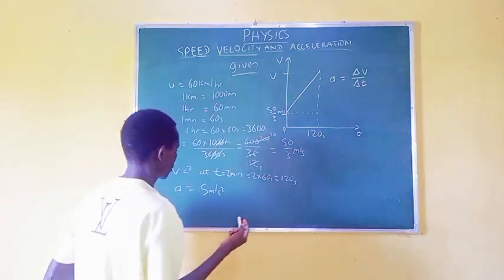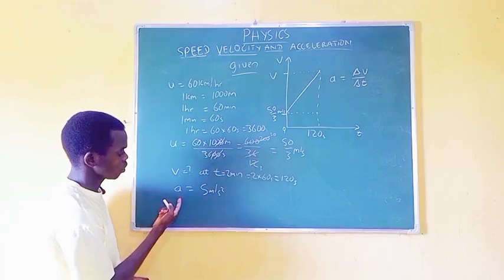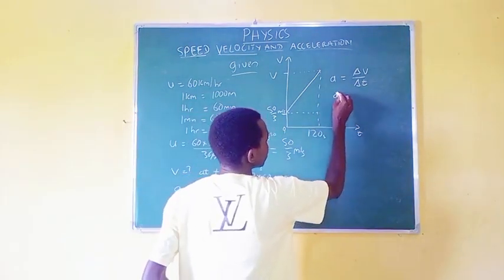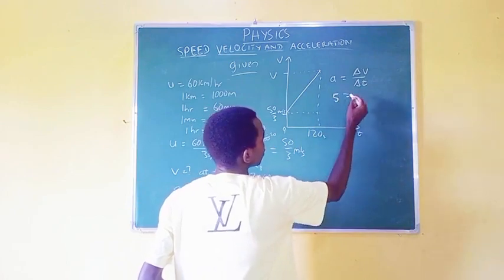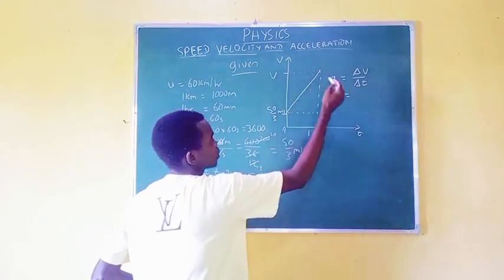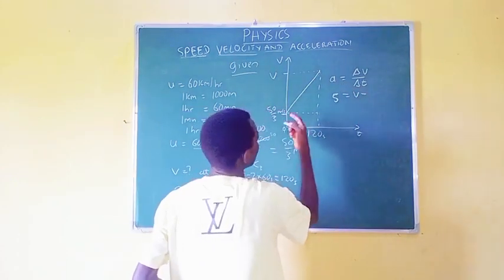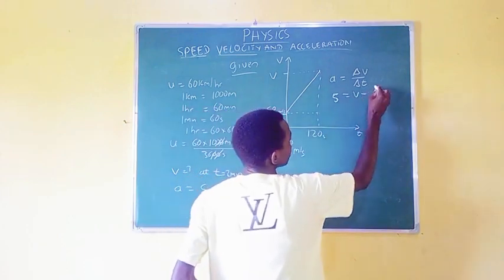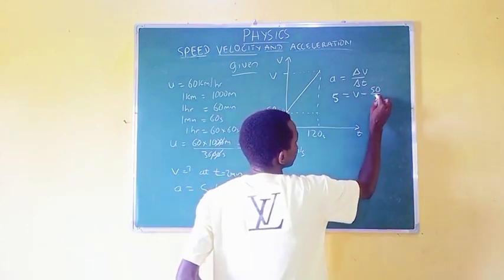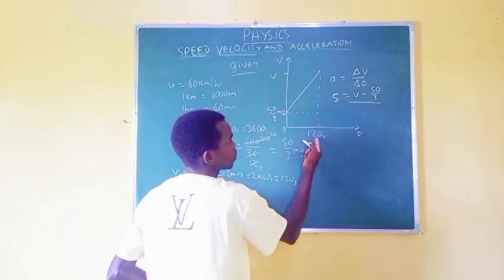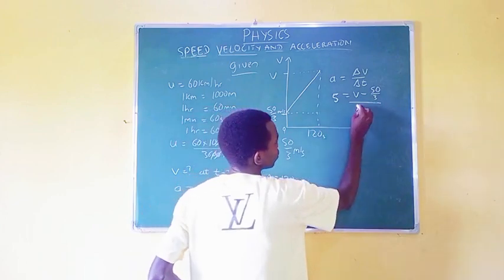We are given that acceleration is equal to 5, which is equal to the final velocity, v, minus the initial velocity, which is 50 over 3, all over time, which is 120 minus 0, we have 120.